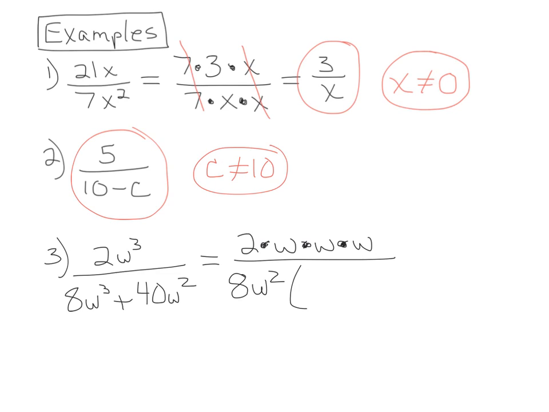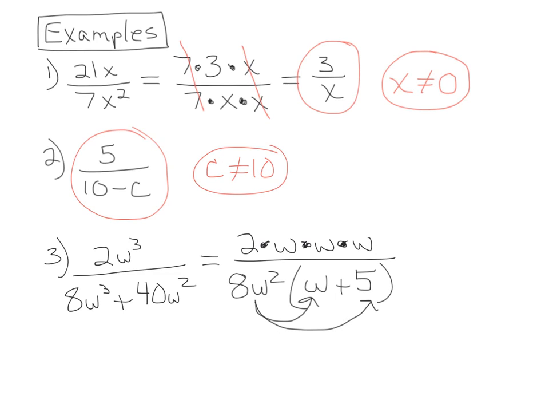And remember, you like undistribute. So 8w squared times just plain old w would give me 8w to the third. And then 8w squared times positive 5, right? 8w squared times 5, isn't that 40w squared?